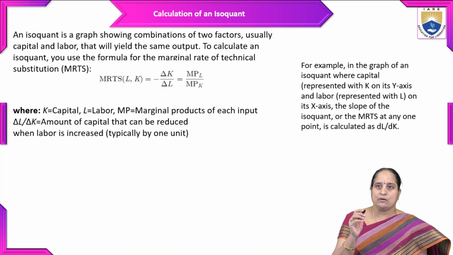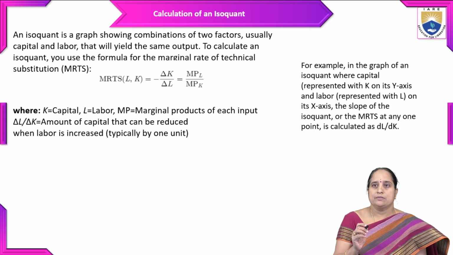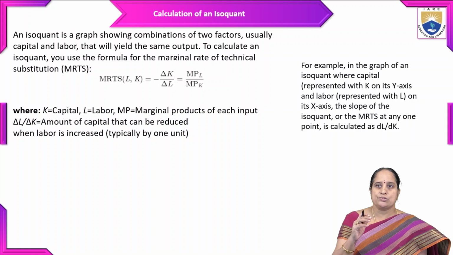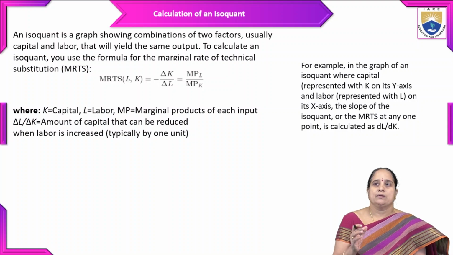MRTS of labor, capital is equal to minus the change in capital divided by the change in labor, which is equal to the marginal product of labor divided by the marginal product of capital. In the graph of an isoquant, where capital is represented with K on the y-axis and labor on the x-axis, the slope of the isoquant or the MRTS at any one point is calculated as dL by dK.